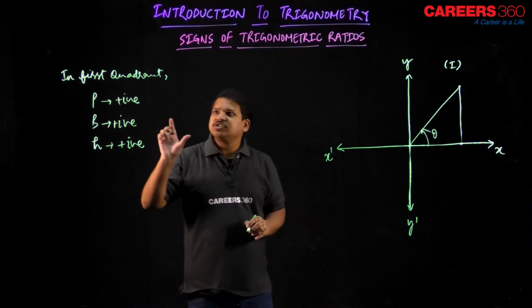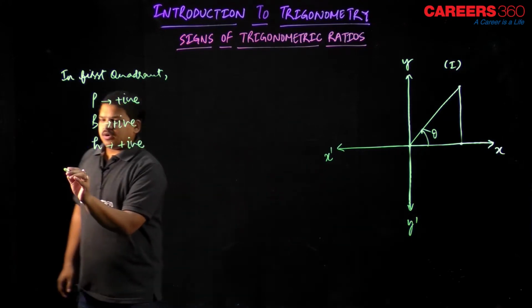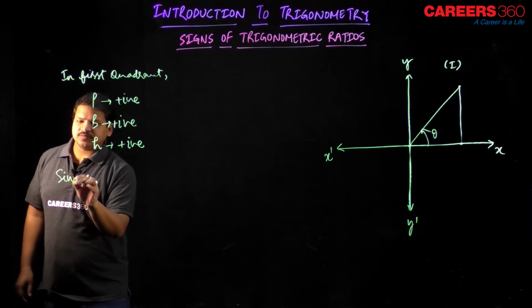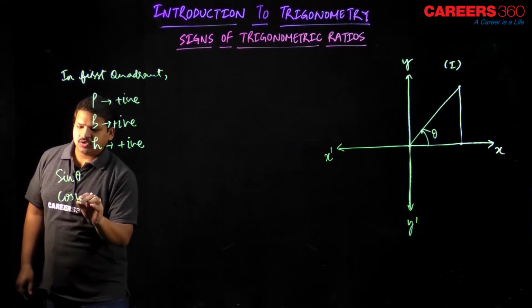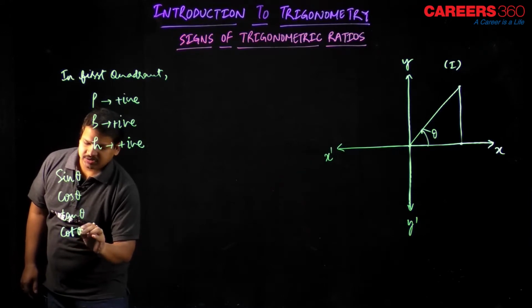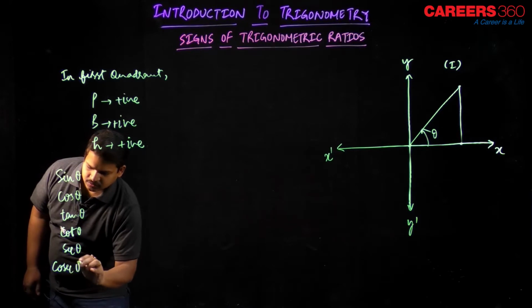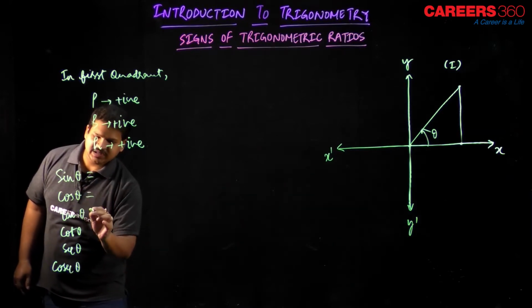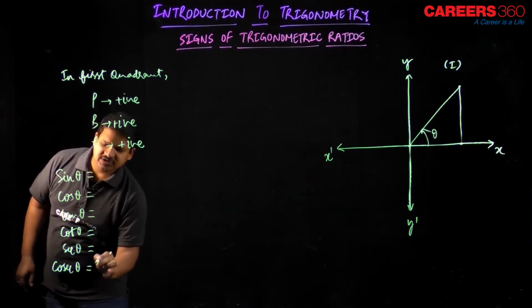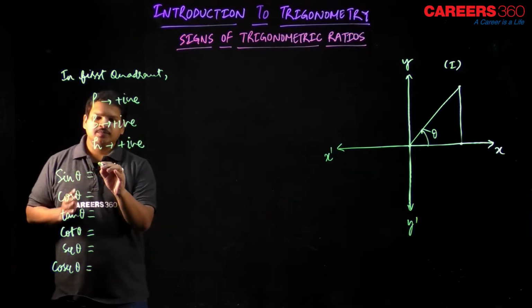If these three are positive in the first quadrant, then all of the ratios, sin theta, cos theta, tan theta, cot theta, sec theta, and cosec theta are made up of these.